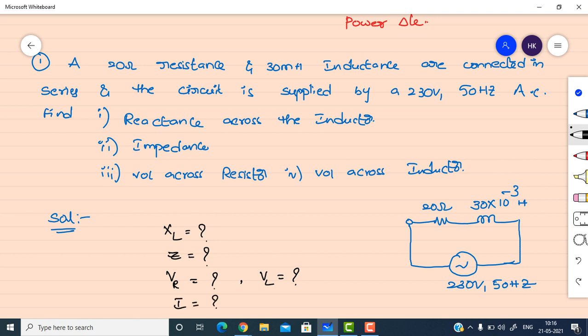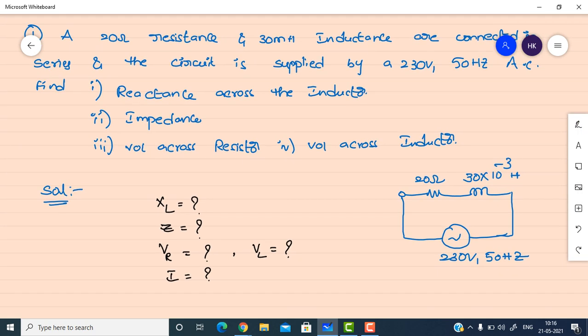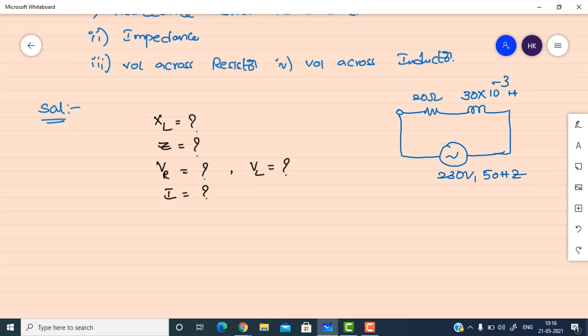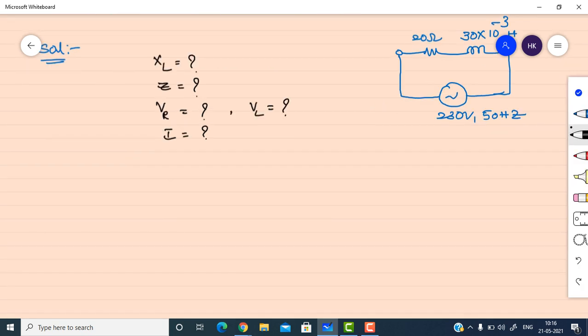So we have to find out the current also. So this is the given circuit and data. Write down the values: resistance is 20 and inductance L value is 30 into 10 to the power of minus 3 henries. Voltage 230 and frequency 50 Hz.